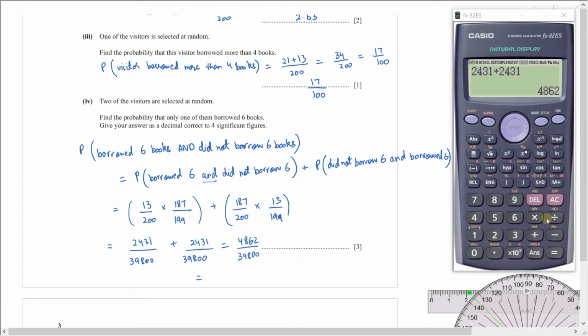So now let's divide this by 39,800. This is 0.12216. Now the question asks you to give your answer up to 4 significant figures. So 1, 2, 3, 4. The next value is 6, so this one will be rounded up to 2. So your answer will be 0.1222.